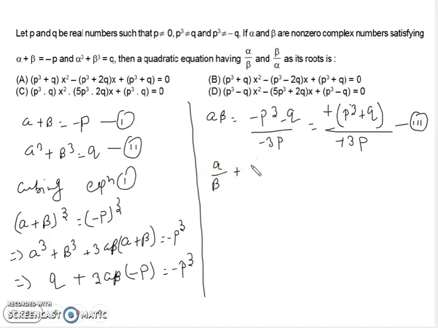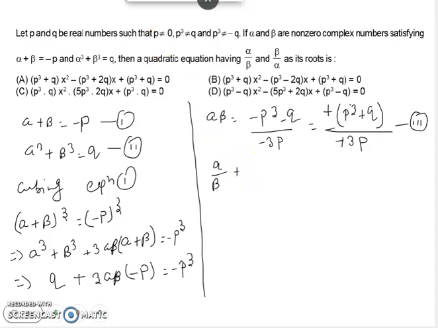So first of all, for finding the equation, we must have the sum of the roots, because we know the general form of a quadratic equation, guys: x square minus sum of roots times x plus product of roots, right?